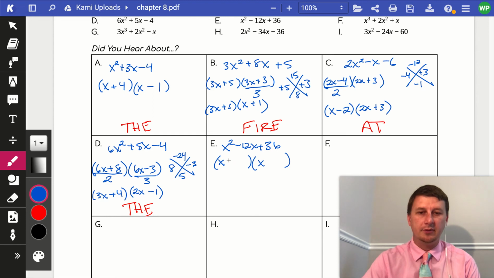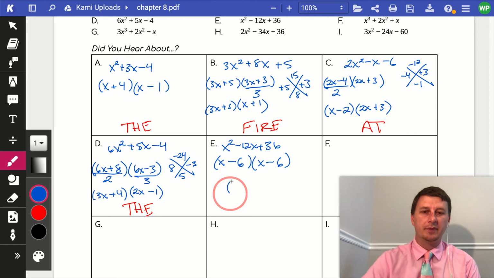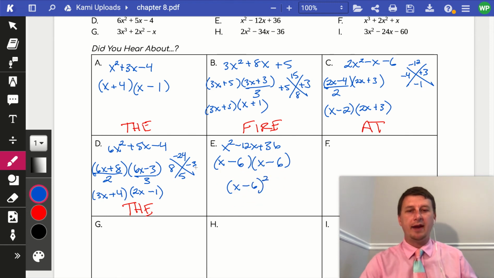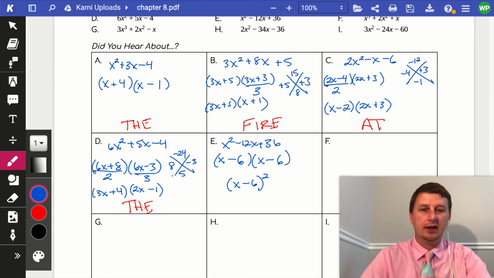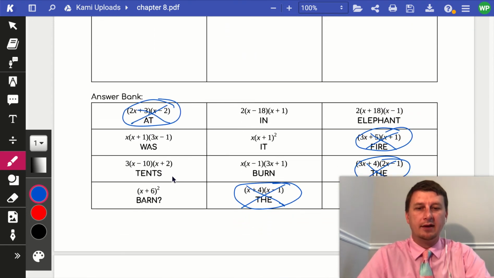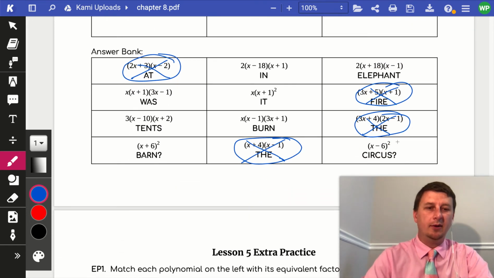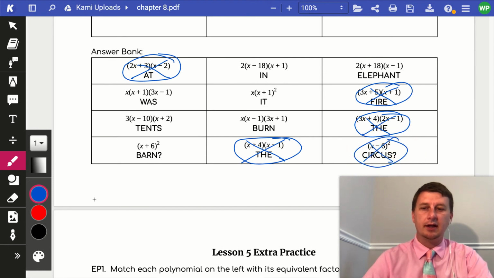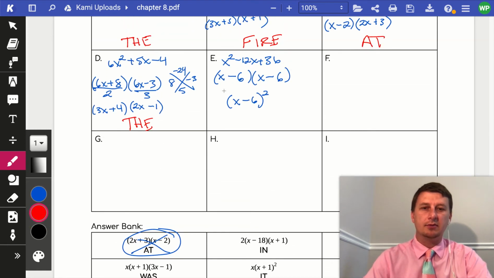Pause the video if you need more time. And that's -6 and -6 because -6 times -6 is +36. -6 minus 6 is -12. And remember, we could rewrite that as x minus 6 squared since both factors are exactly the same. Let's see which one we have down there. X minus 6 squared. Oh, there it is. And our word is "circus," with a question mark.